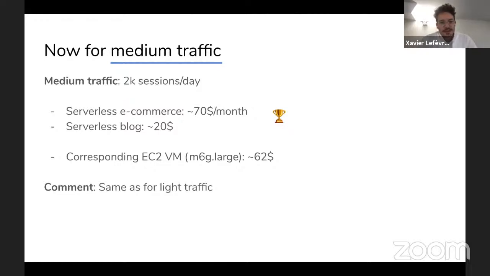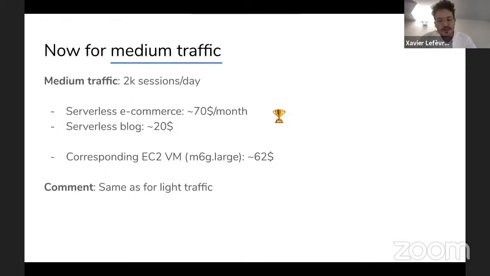And then if we go a little bit higher on traffic and we go for medium, so 2,000 sessions per day, here it gets closer. Serverless e-commerce is $70 per month, and the serverless blog would be $20. I took a corresponding EC2 VM based on experience, and let's say the M6G large, but once again, it's one VM. So there is no database behind, there is nothing, you have to do it by yourself.